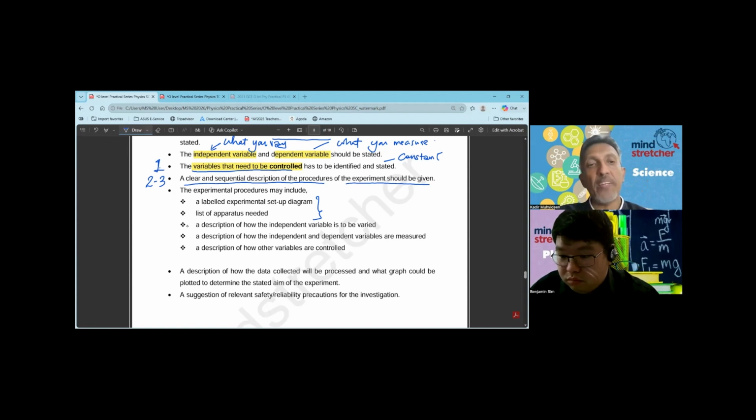What you're expected to do is to describe how the independent variable is to be varied. How do you change the independent variable? How are you going to change it? And how are you going to measure the independent and dependent variables? This is important.